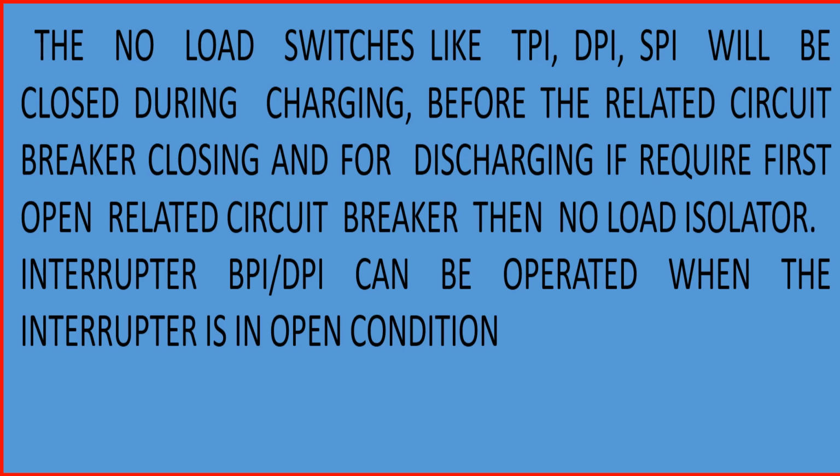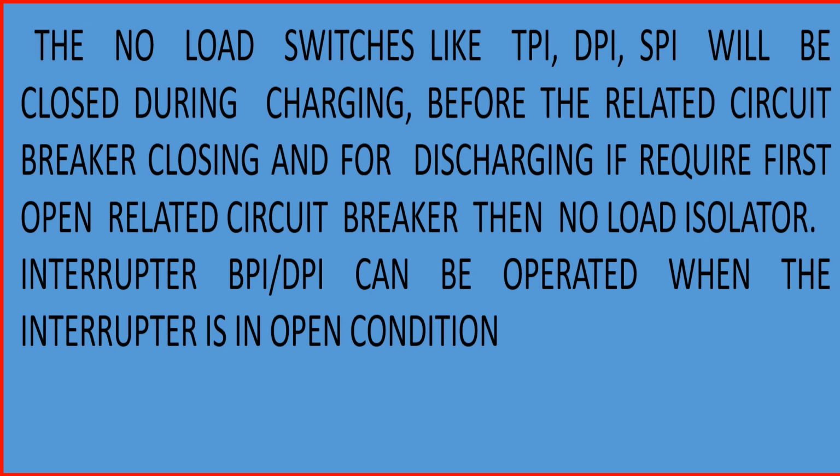The no load switches like triple pole isolator, double pole isolator, and single pole isolator will be closed during charging before the related circuit breaker closing, and for discharging, if required, first open the related circuit breaker, then the no load isolator.